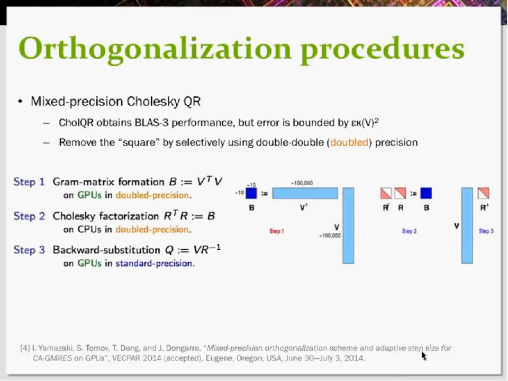So that's a well-known algorithm, and it is known that it's not stable. But what we did is use very high performance characteristics of Level 3 BLAS, but we managed to remove the square from the numerical instability by selectively using double precision in a particular place.